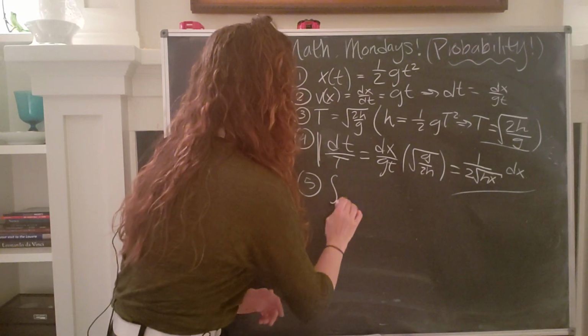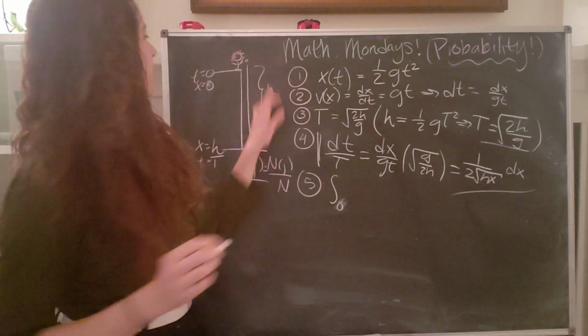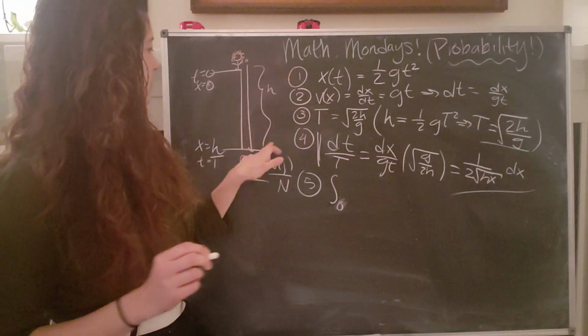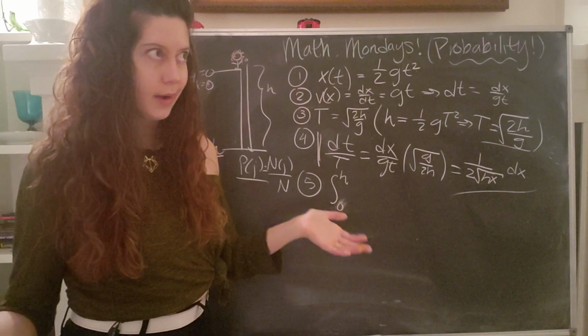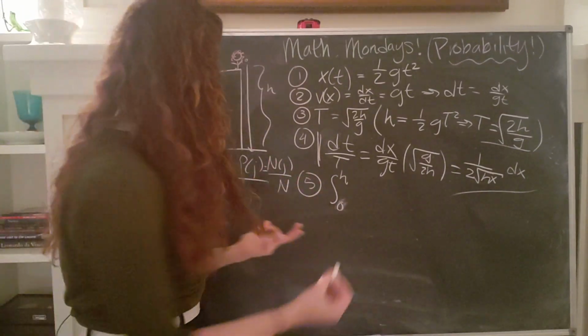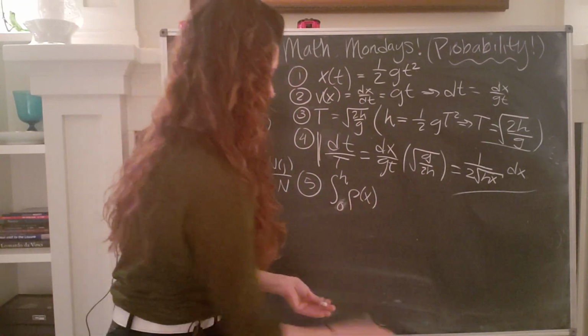In other words, if we sum this up from 0 to h, we should get 1 because we should find the penny somewhere. So our probability density, we're going to plug in.